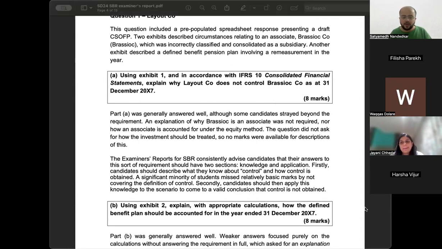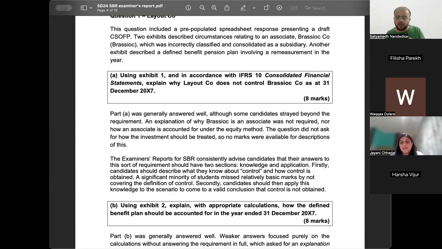Our mind should go back to the fact that there are certain conditions which have been given to define what is control, right? Either a 50% holding in the other company is control, or your holding could be less than 50%.